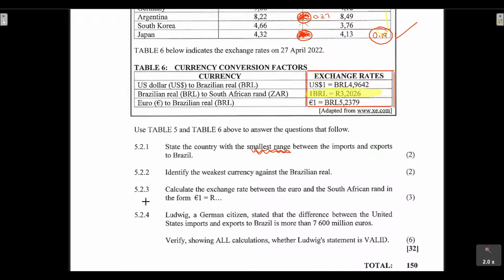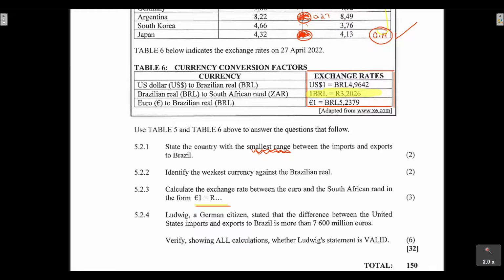Question 5.2.3 asks us to calculate the exchange rate between the euro and the South African rand in the form of 1 euro is equal to what rands? We want to determine the exchange rate from euros to rands.